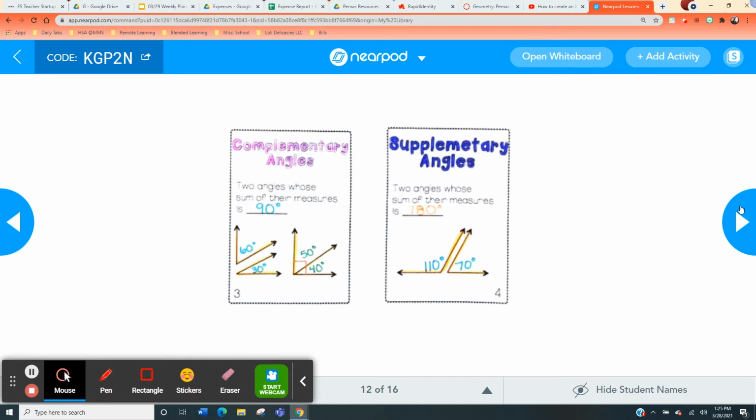Complementary angles: two angles whose sum of their measure is 90 degrees. Supplementary angles: two angles whose sum of their measures is 180.